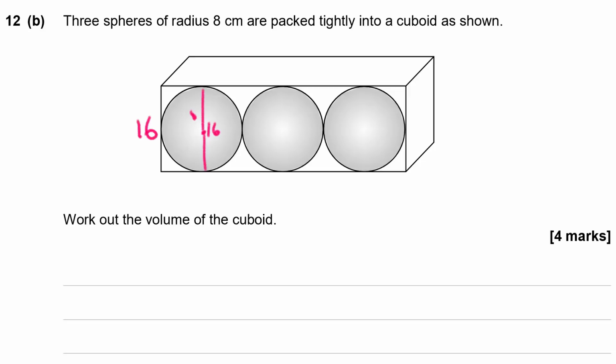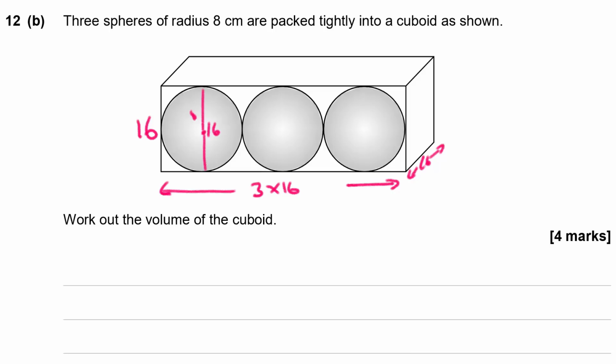Similarly, the distance from here to here is also going to be 16 because it's the width of one sphere. And then this dimension is going to be 3 lots of 16 because I've got 3 balls of width 16 in a row.